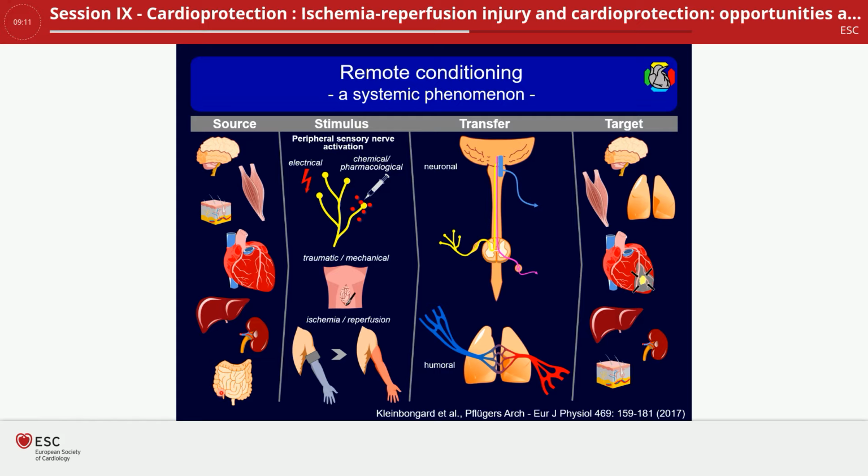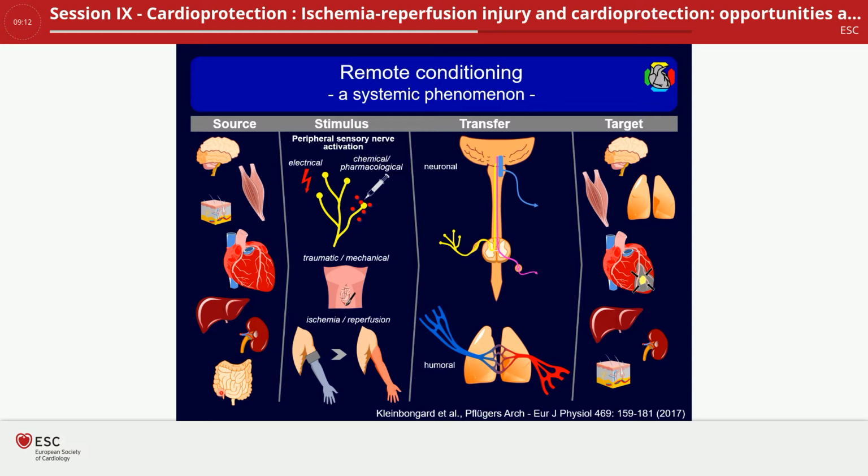Then the stimulus for eliciting such a remote conditioning program is not necessarily ischemia reperfusion. You can also elicit such a protective program by another injurious stimulus, such as simply cutting the skin at a certain area, or even more technically, you can just electrically or chemically stimulate sensory nerves in a given area and elicit the phenomenon.